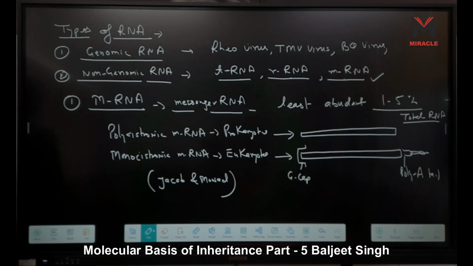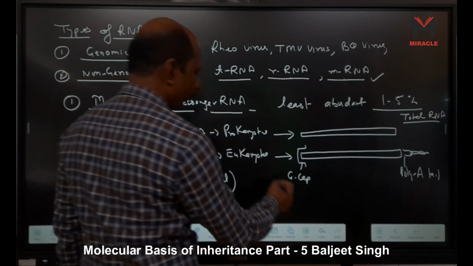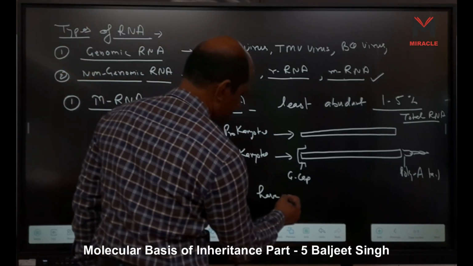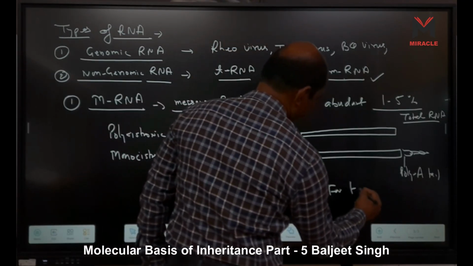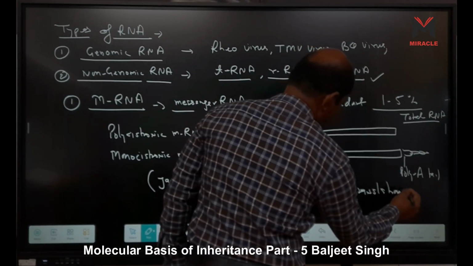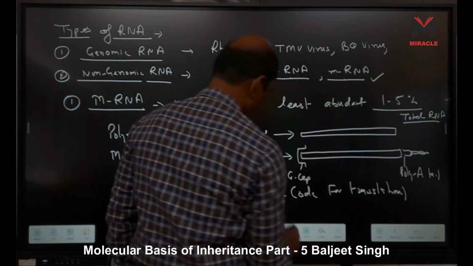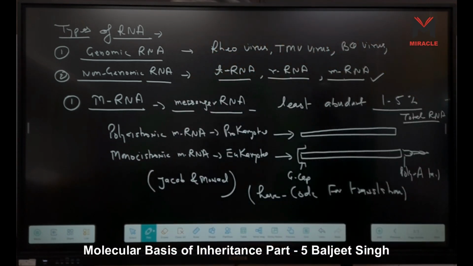Now second, these messenger RNAs have codes for translation, and they are formed in the nucleus with the help of DNA, right?